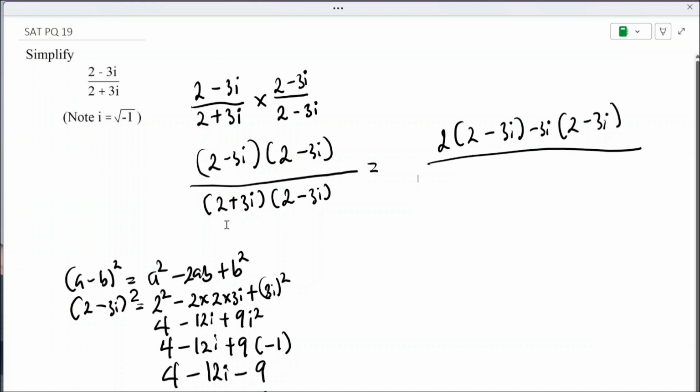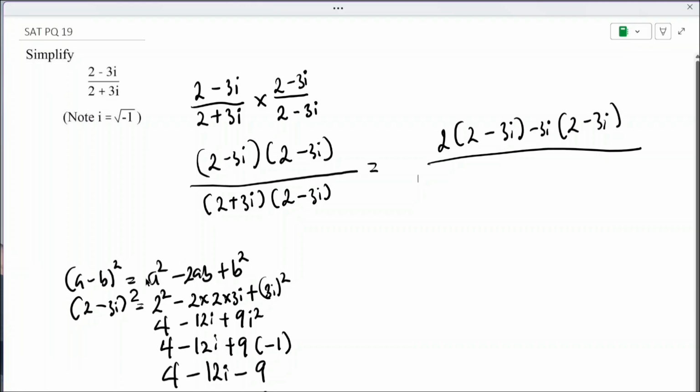For the denominator, we can repeat this twice, although this is a difference of 2 squares. If you can apply the expansion by difference of 2 squares, you would get this done in the shortest time. The difference between the first and the second is just the positive and the negative. One has a positive, the other has a negative.